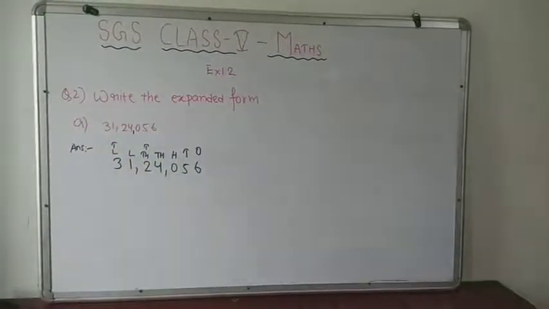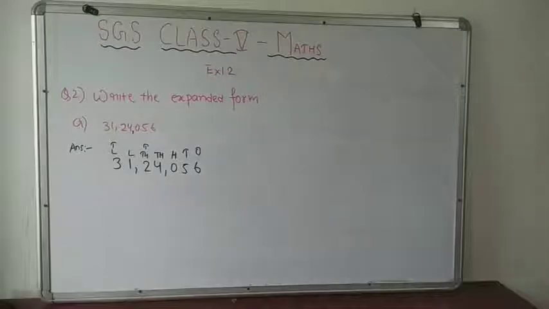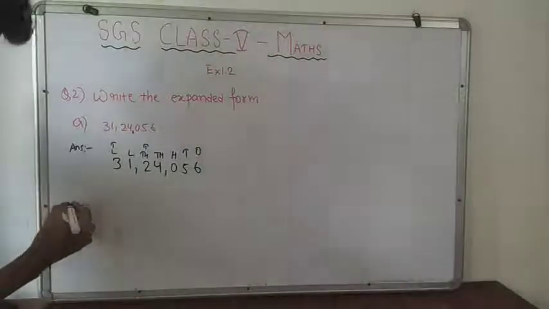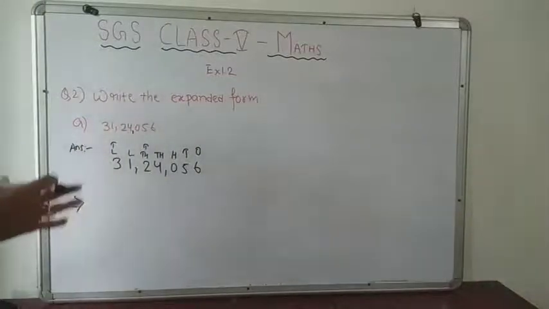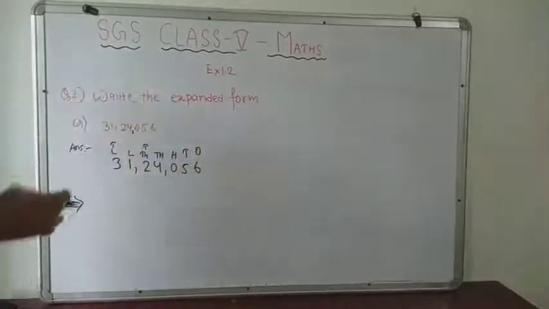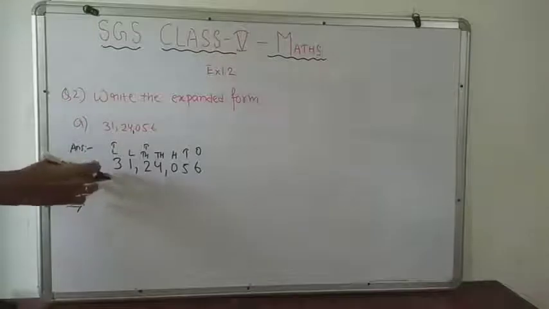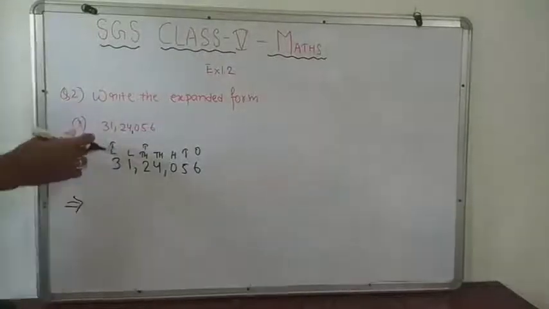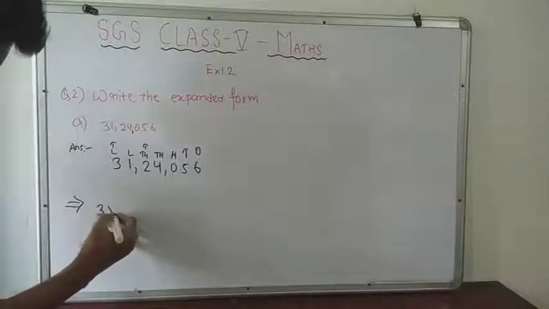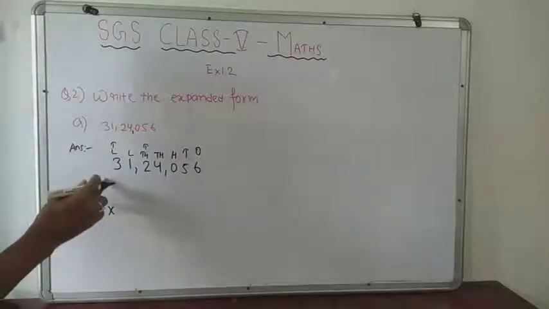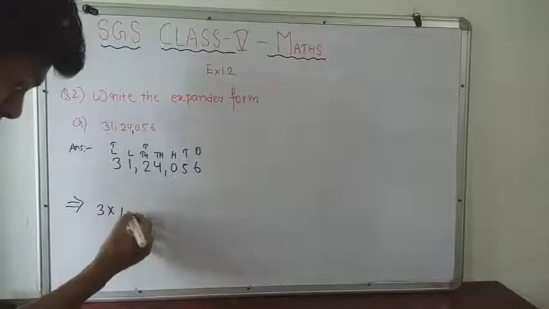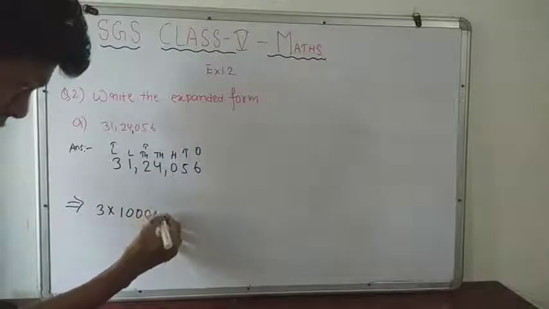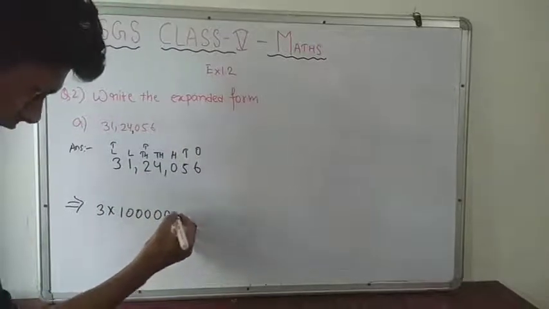Now what should we do? Next, we always take the largest digit first while expanding the number. The largest digit is 3 because it comes under the 10 lakh place. So we write down the 3 and multiply it with 10 lakh.